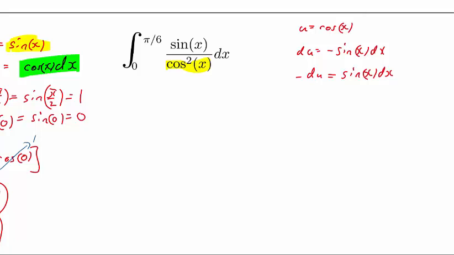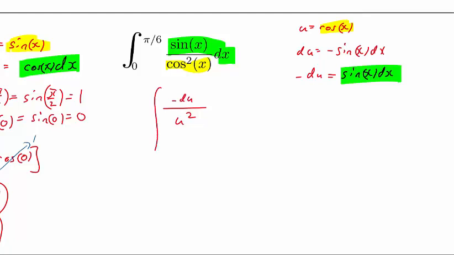Alright, so we can see that this sine x dx is satisfied. U is cosine x, so we're going to write this as u squared, right? Because there's two cosines, so it's u squared over a negative du. And let's go ahead and take a look at the bounds.